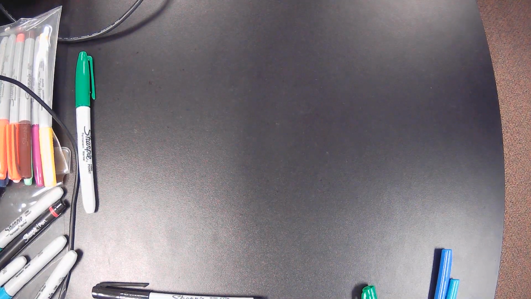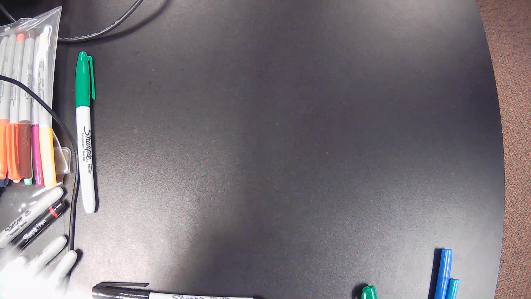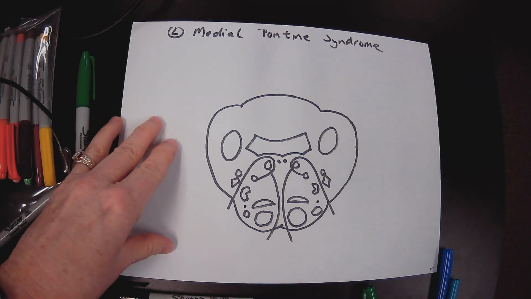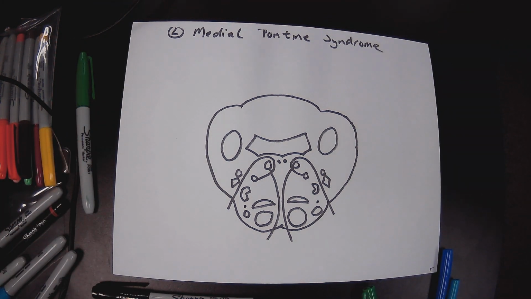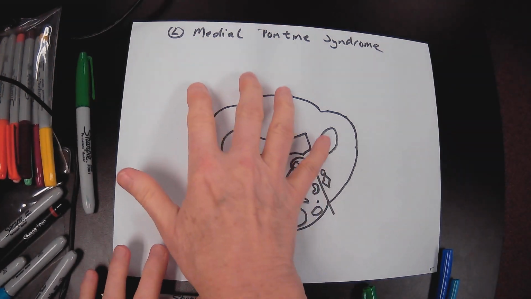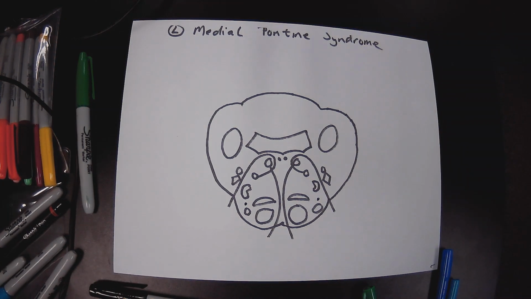All right, moving on from lateral medullary, let's go to medial pontine syndrome. That's the cross section here. So that was PICA. Okay, then this is going to be left medial pontine syndrome.